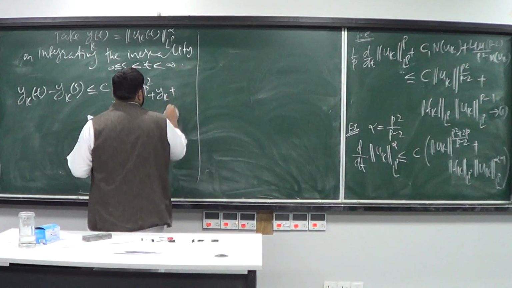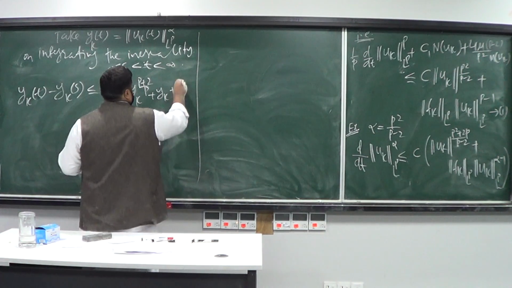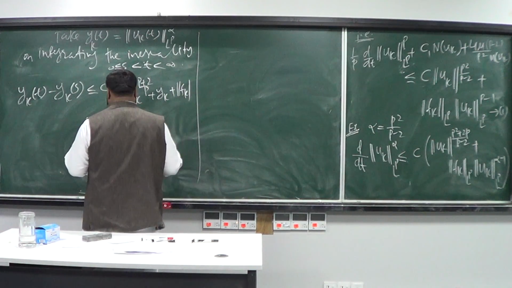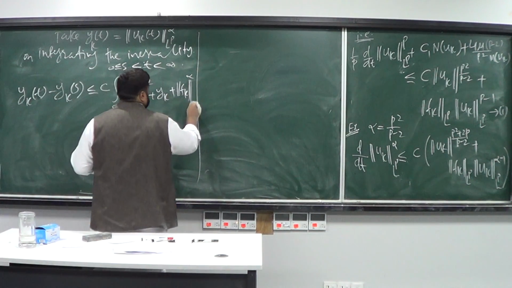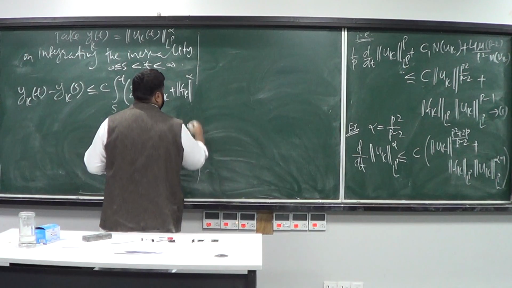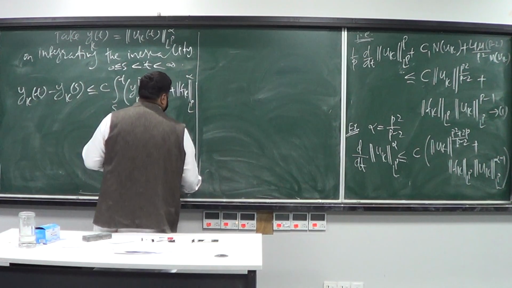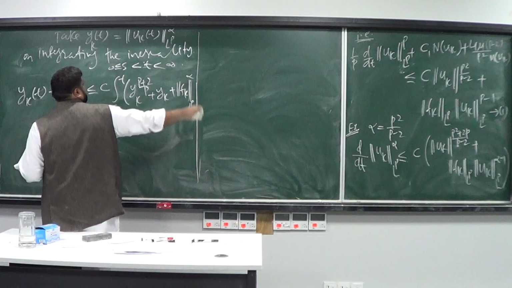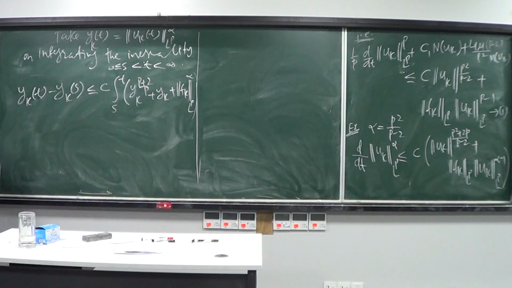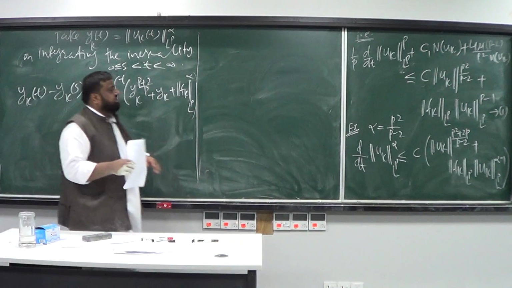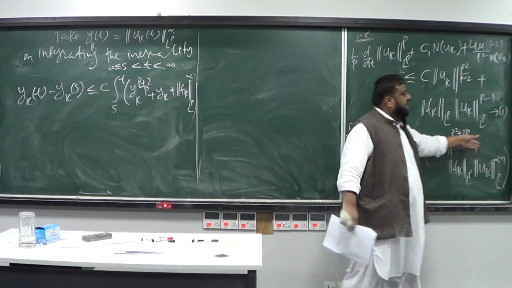plus yk plus fk power alpha in the LP norm. Okay, fk power alpha in the LP norm. So this is what it is going to become. If you see, this is really in such a form that you require.